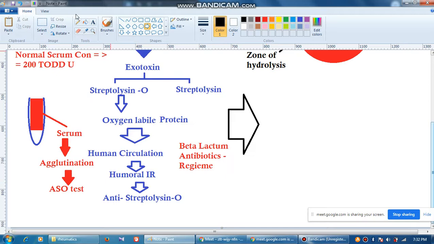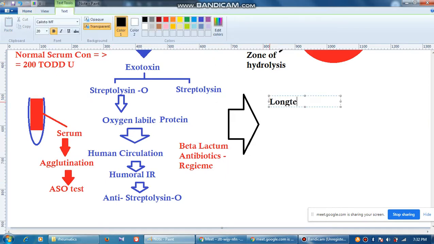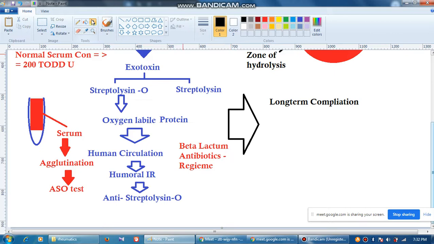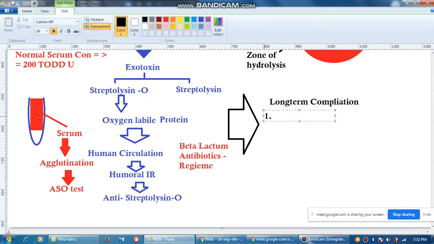So what are the long-term complications? Long-term complications of ASO, as most of you know. In the long term there are several complications of this ASO infection. First and foremost is glomerulonephritis.